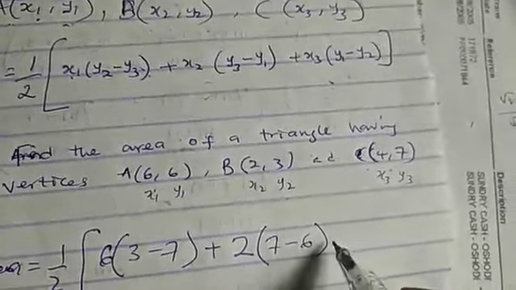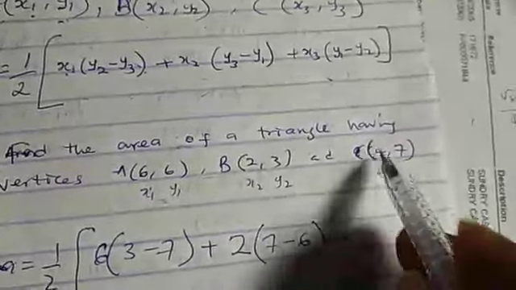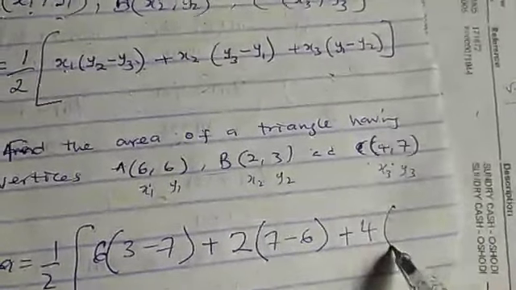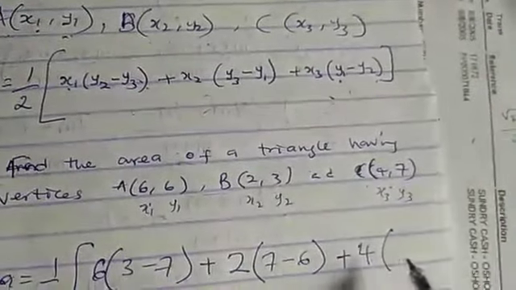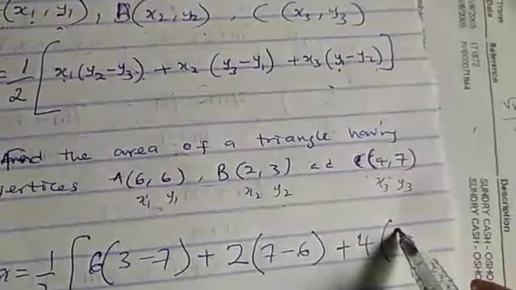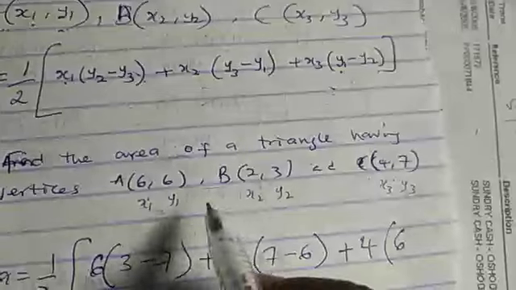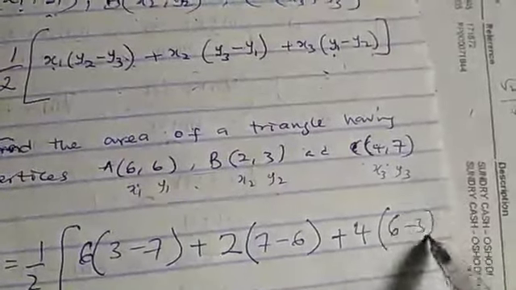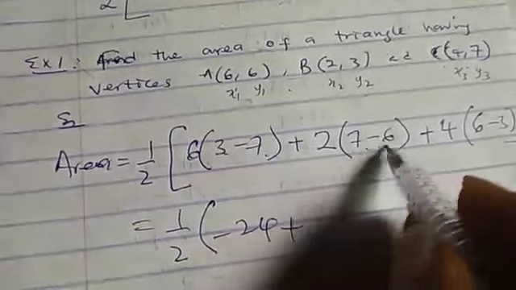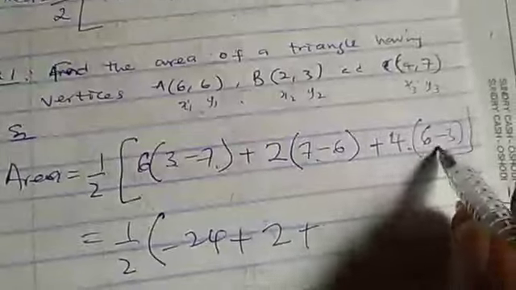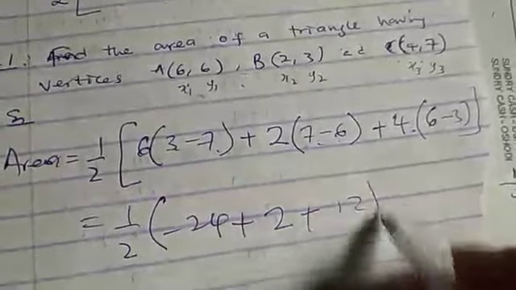And another one, x3, which is 4 into y1 minus y2, and y1 minus y2 will be 6 minus 3. So from this place, we are going to have minus 24, this one will give me 2, while this one will give me 12.